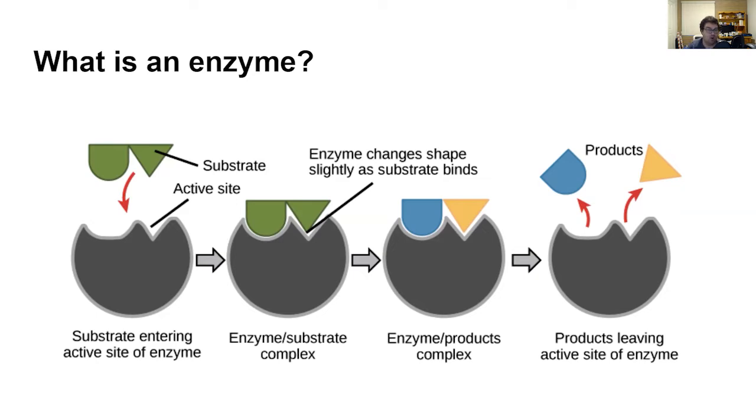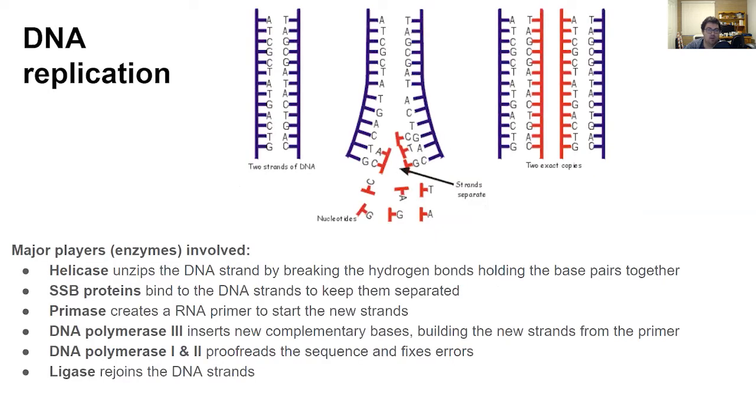Now, enzymes can either break down materials, like the one pictured is doing, breaking our substrate into two smaller pieces, or they can build up materials and add small chemical groups onto an existing substrate and build a larger molecule. They have a lot of functions, and we're going to explore some of the enzymes that are actually associated with the replication of DNA.